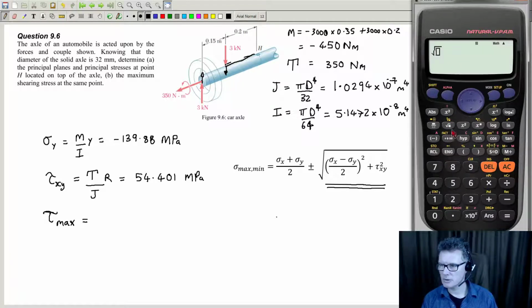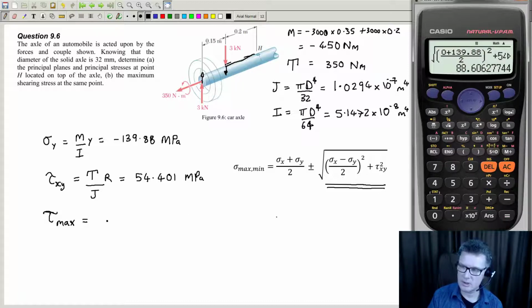So that's going to be the square root of, open a bracket, zero, take away, so that'd be plus 139.88, I'm going to work in megapascals, divided by 2, squared, plus 54.401 squared. So that is 88.606 megapascals.